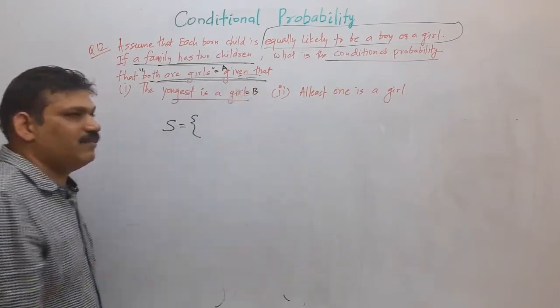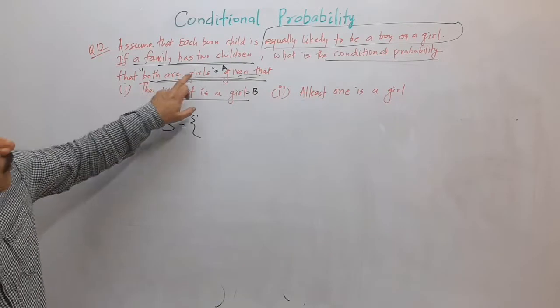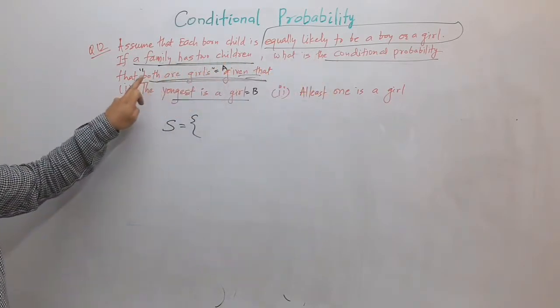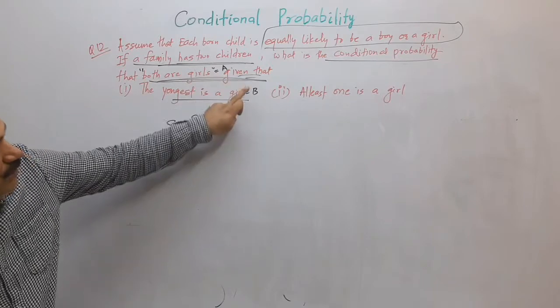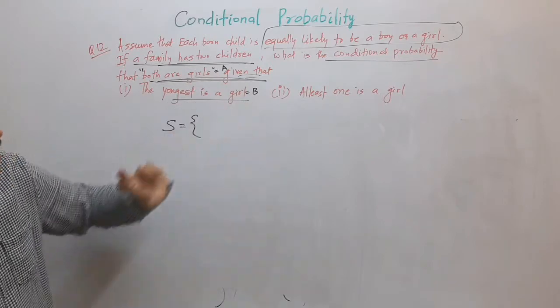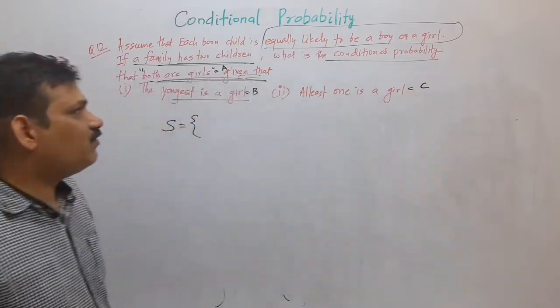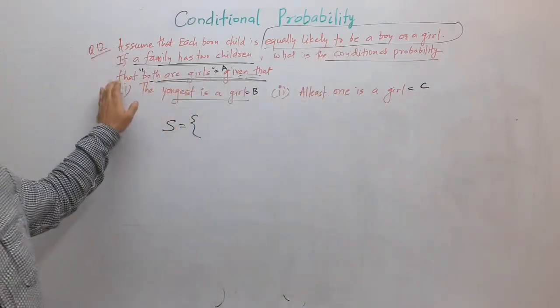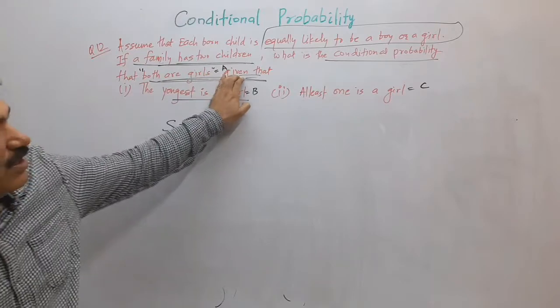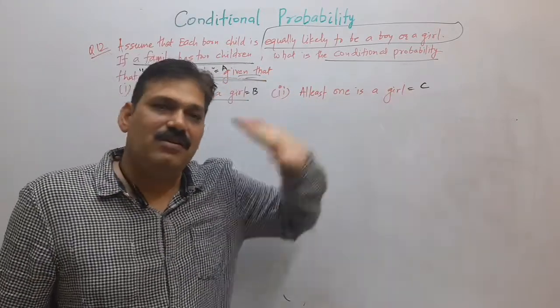Suppose I name this event B, then we have to find the conditional probability of A given that B has already occurred. Also, suppose I name this event C, then we also have to find the conditional probability that both are girls given that at least one of them is a girl.